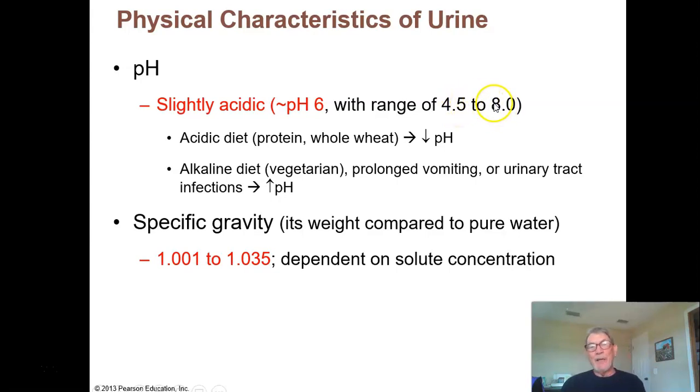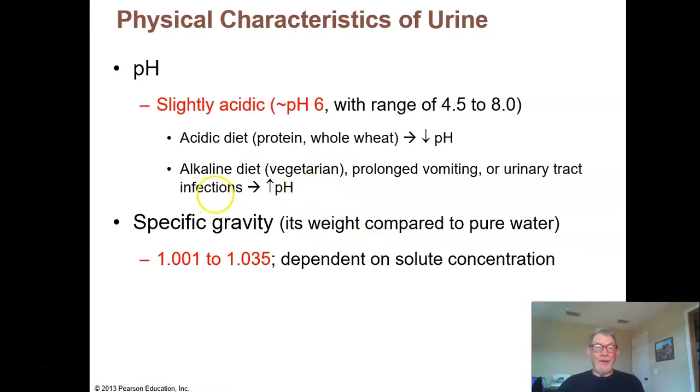It can be up around 8, it can be 4.5, but these are pretty extreme. It should be sort of in the middle, somewhere around 6, 6.5. It can change with diet somewhat. A lot of proteins will make you more acidic. Very vegetarian diets might make you more basic.